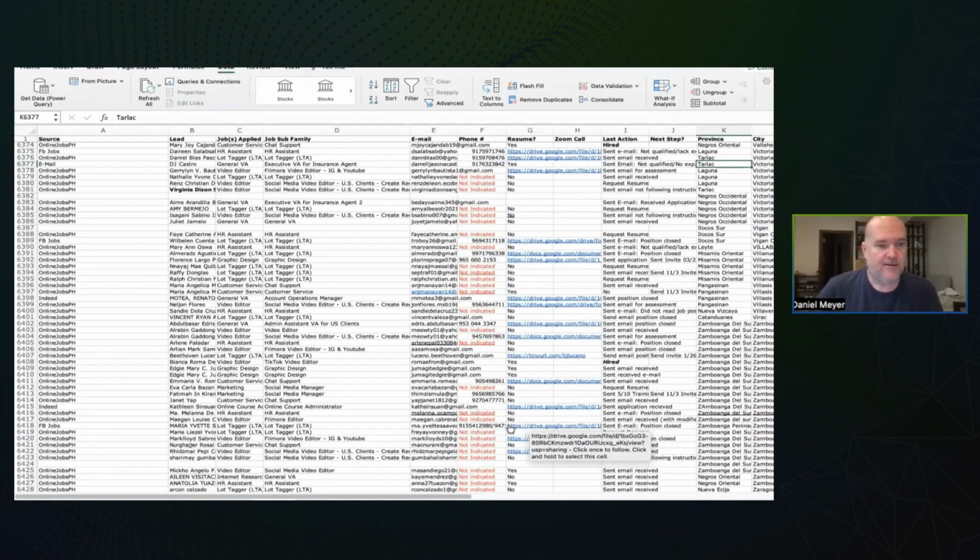This is a spreadsheet breaking down the 6,428 applicants Sonic VA has had for jobs we posted in the last 3 years. We want to know, of these 6,428, where they're coming from, right? As I mentioned before, we want to know because we want to know how to go do recruiting.